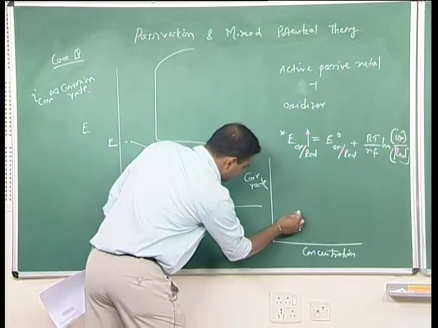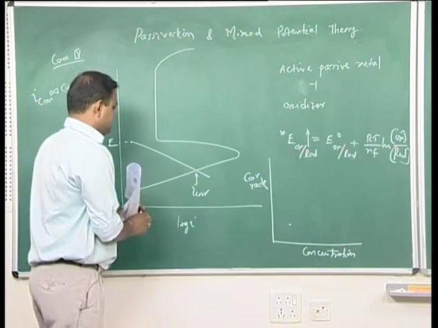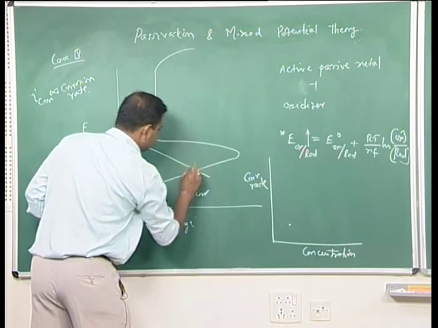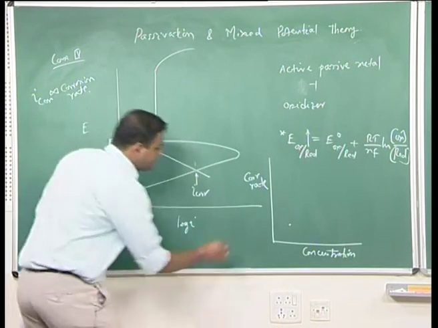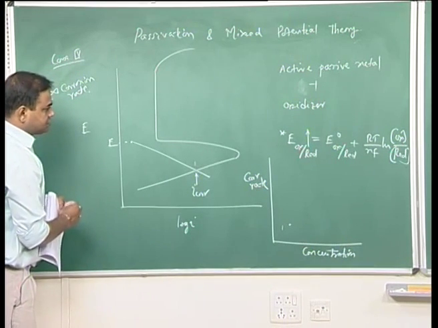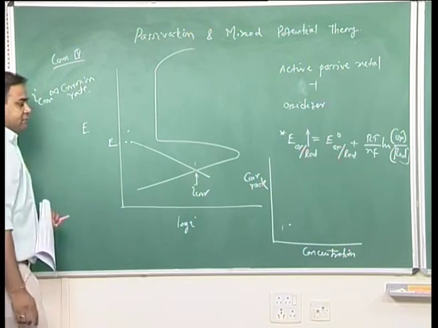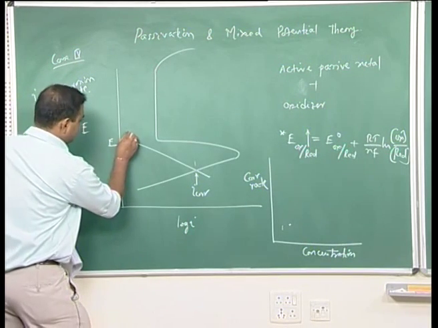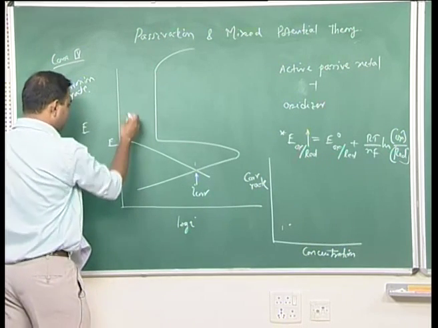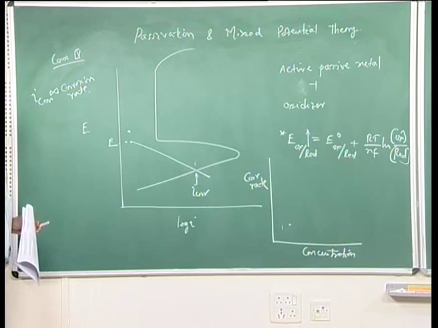Now, let us say this point is coming here, corresponding to this, let me put it as 1. Now, as I increase the concentration of oxidizer, my potential is gradually lifting. Let us assume that I0 is not changing, I0 will remain the same, because we are not changing the metal.